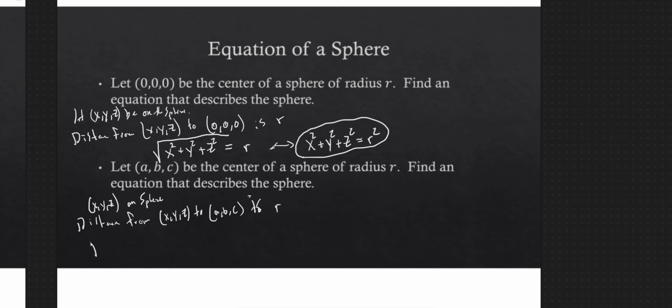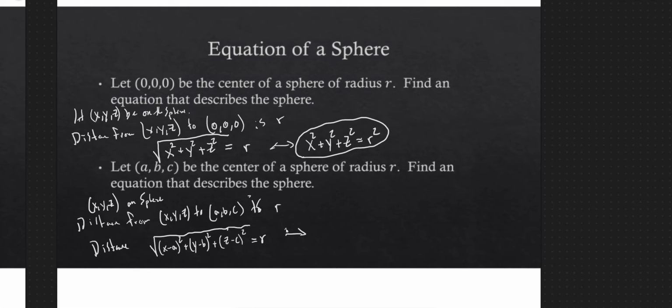So what's the distance between those 2 points? That's where our distance in 3 dimensions comes from. It's the square root of x minus a squared plus y minus b squared plus z minus c squared. We want that to be equal to r.